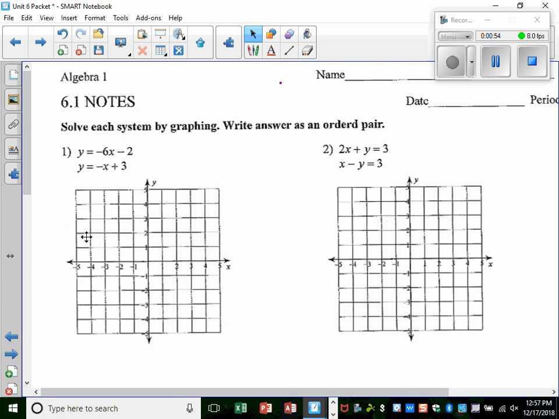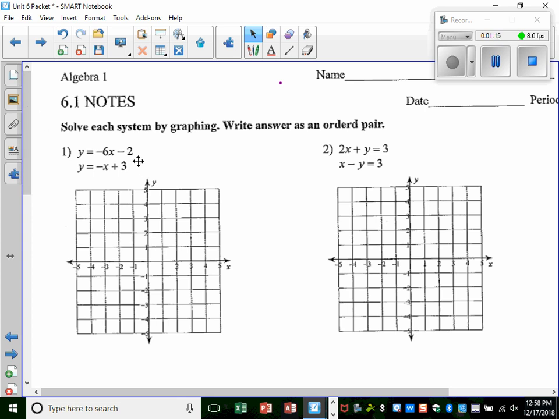Basically 2 or more equations means you have a system. We only deal with 2 at a time. When you take upper level math, you might end up with a system of 3 equations at one time. In Algebra 1, we're only going to be doing 2 equations at a time.